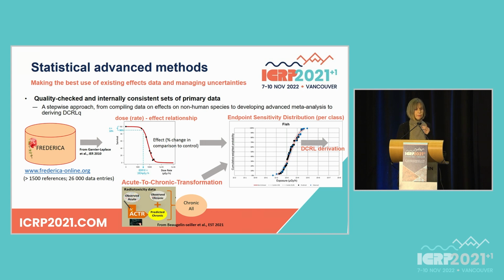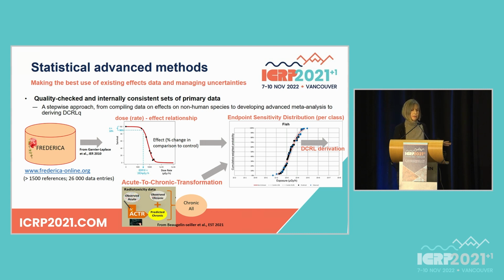So we have developed a stepwise approach that is illustrated on this schematic here. From the left-hand side, you will find our source of input data, FREDERICA, which is a database gathering all knowledge on effects of ionizing radiation in non-human species.